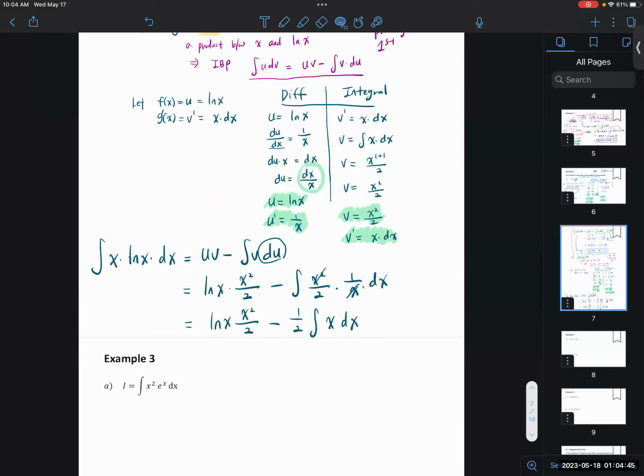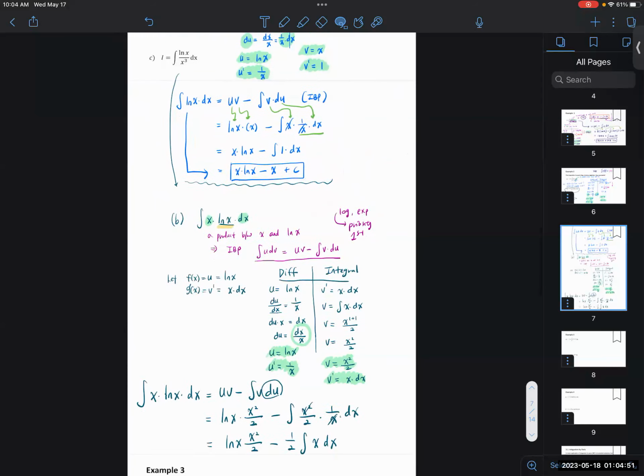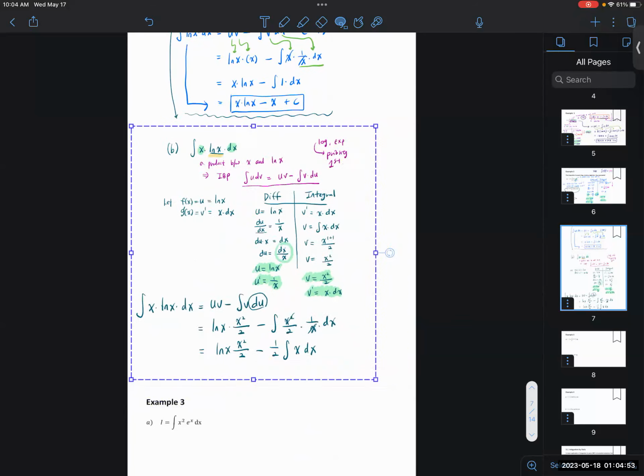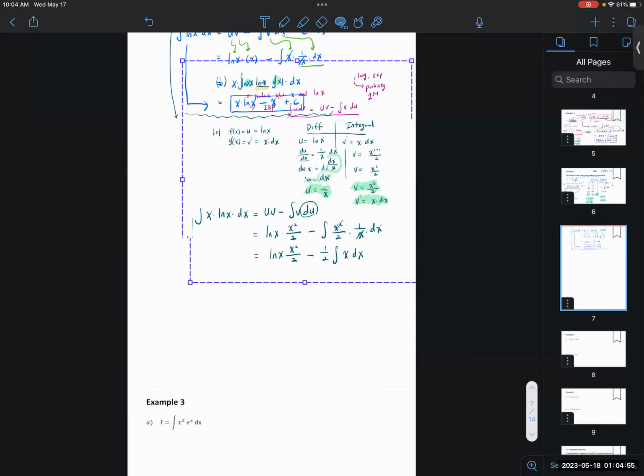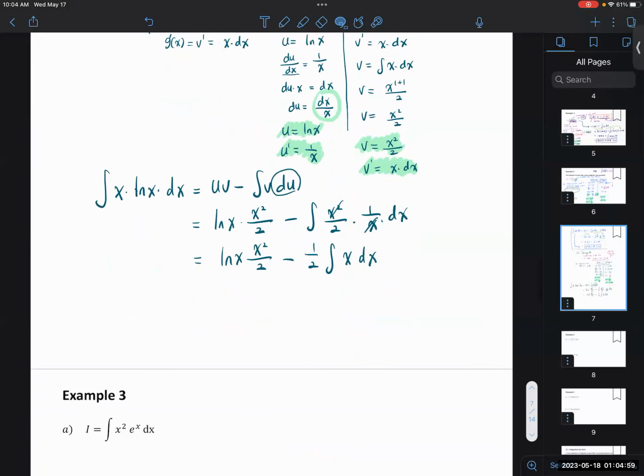I'm going to minimize it a little bit, just one second. I'm going to bring it all the way up here. From there, I can write ln x times x squared over 2, minus 1 over 2 times the integral of x, which is x to the power 1 plus 1 divided by 2, plus c.